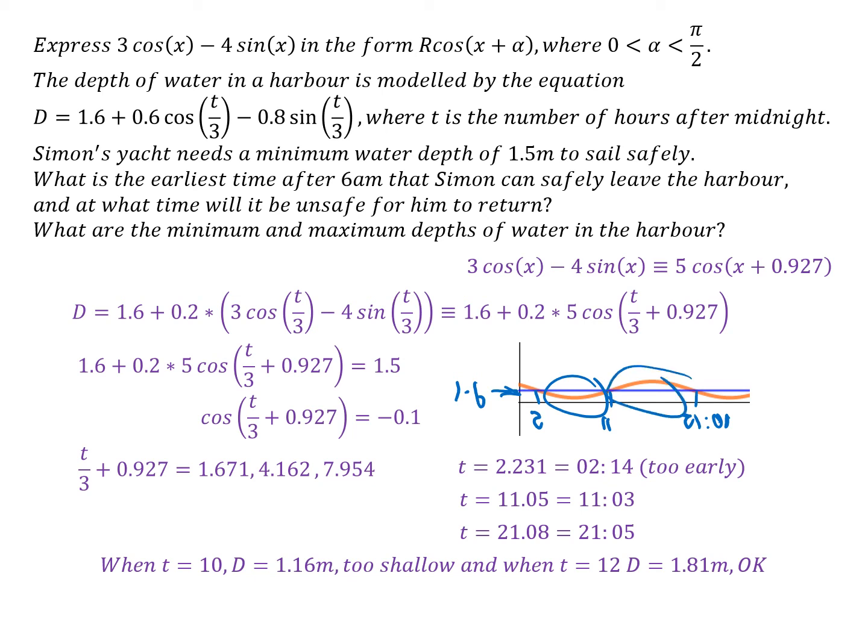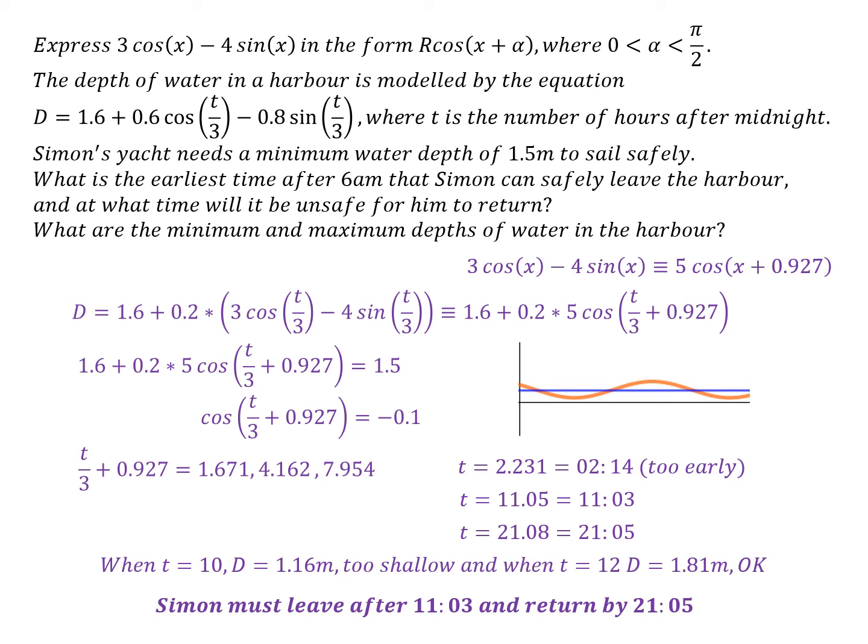Go out a little bit later and he's going to be fine. So he must leave after 11:03 and return by 21:05. So there we are. We've answered the first part. Now we've said what the earliest time that he can safely leave the harbour is, and at what time it would be unsafe for him to return.